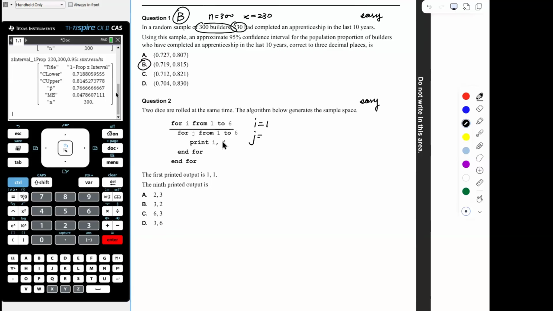Then you look at J equals 1, 2, 3, 4, 5, 6. So you get 1, 1, 1, 2, 1, 3, 1, 4, 1, 5, 1, 6. That'll be the first 6 prints. Then you look at I equals 2. So you have J equals 1, 2, 3, 4, 5, 6. Therefore, if you look at the nice output, it will be 2, 3. Okay, so option A is the correct answer.